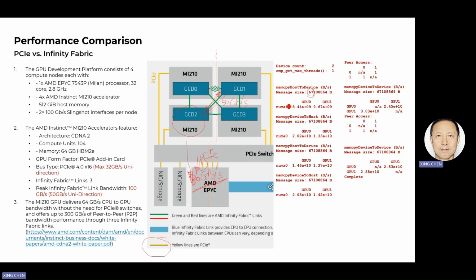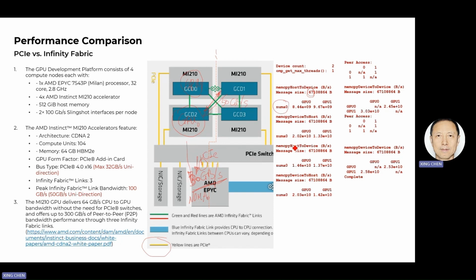So here, the system has been divided into two parts, NUMA node 0 and NUMA node 1. This NUMA node 0 is connected to these two GPUs, this is GPU 0, this is GPU 1. So this is the NUMA node. We are going to run the test.